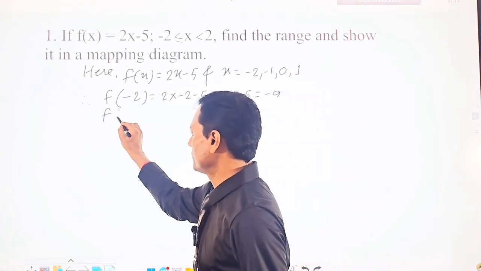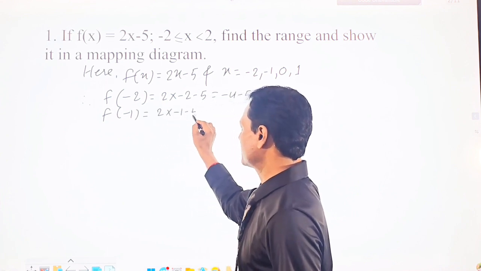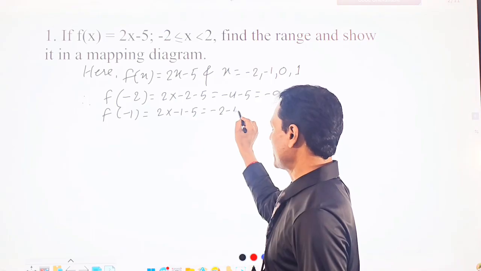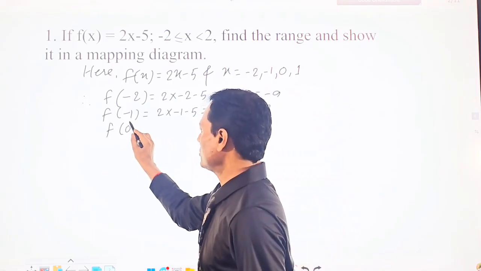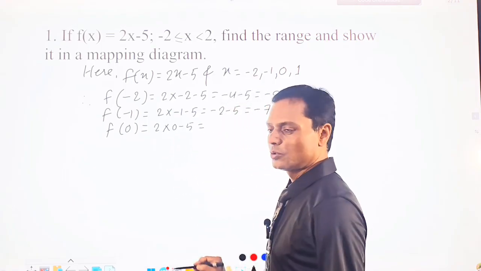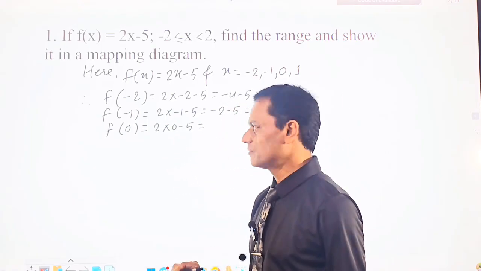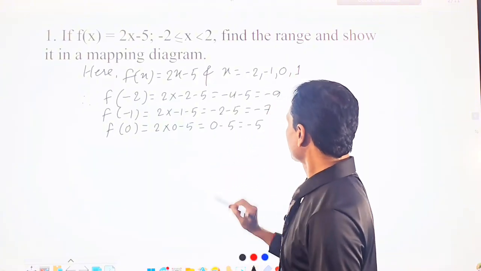Similarly, f(minus 1) equals 2 into minus 1 minus 5, that is minus 2 minus 5 and that is minus 7. Similarly, f(0) is 2 into 0 minus 5, and 2 times 0 equals 0. Yes, all of you know. So that's 0 minus 5 and that is minus 5.